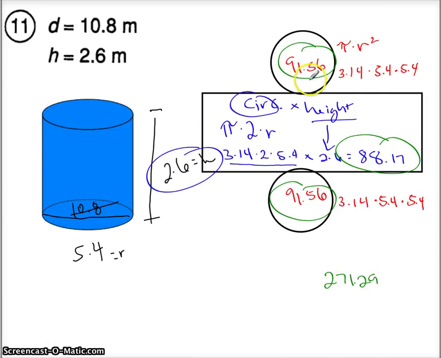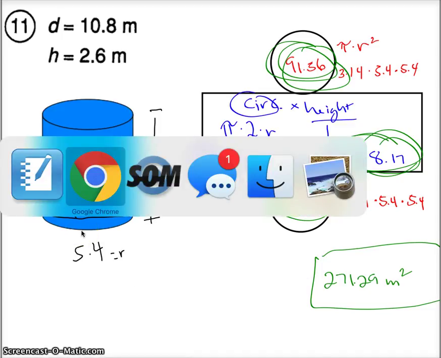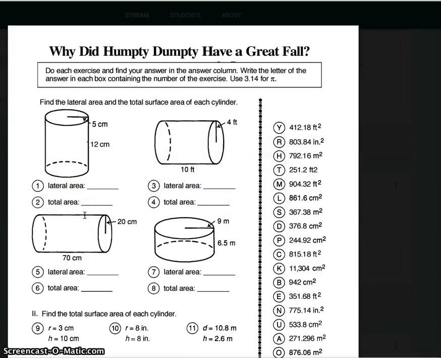Okay, that's these three items together. This one, this one, and this one. Surface area. And this is meters squared. All right. Next question is requested for number 13.